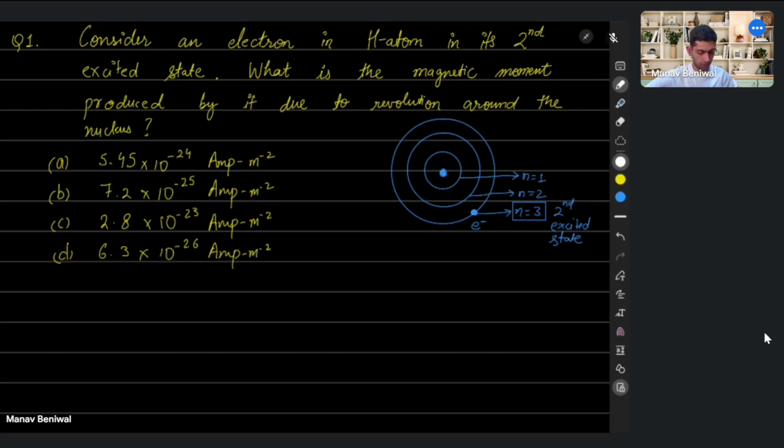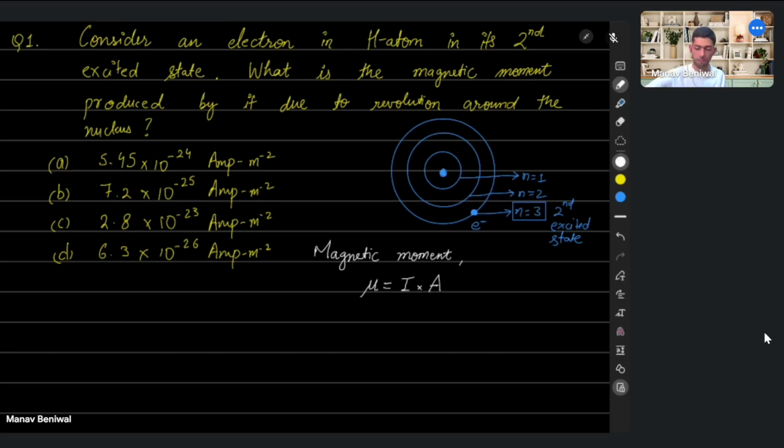Okay, so first of all, what is magnetic moment? So magnetic moment, which is generally denoted as mu, is given by current multiplied by area.